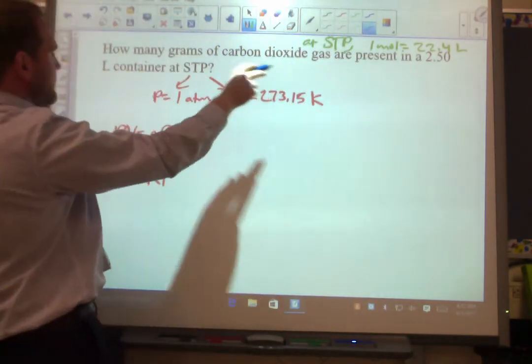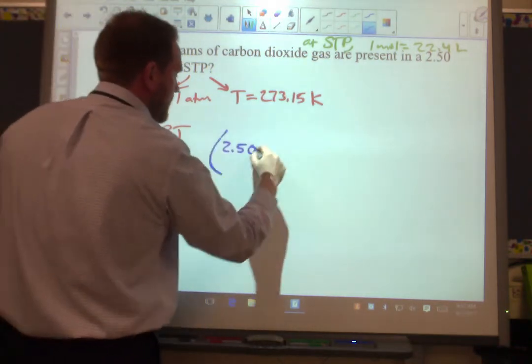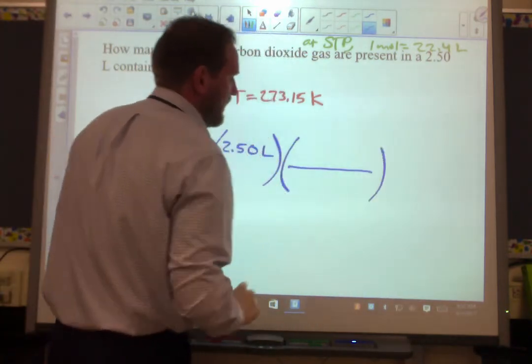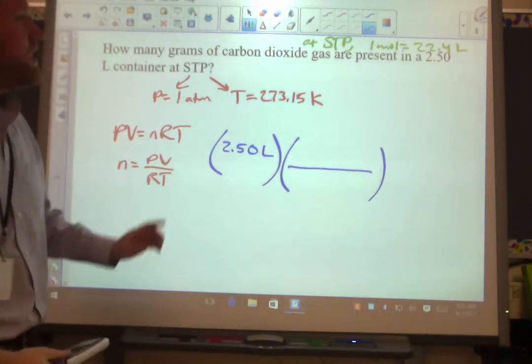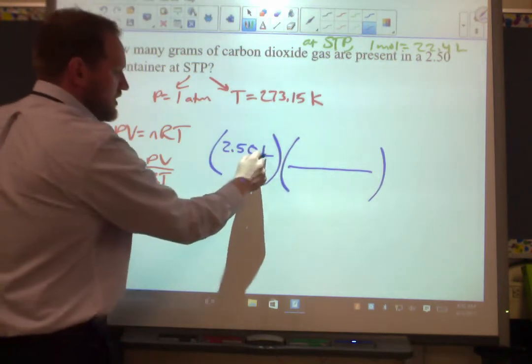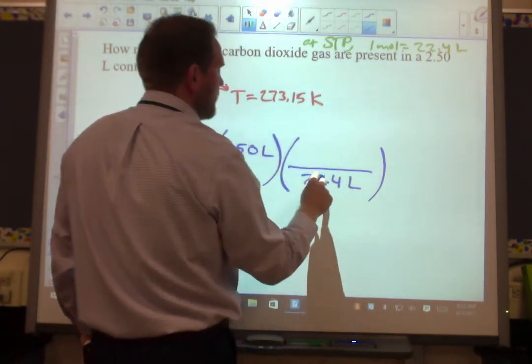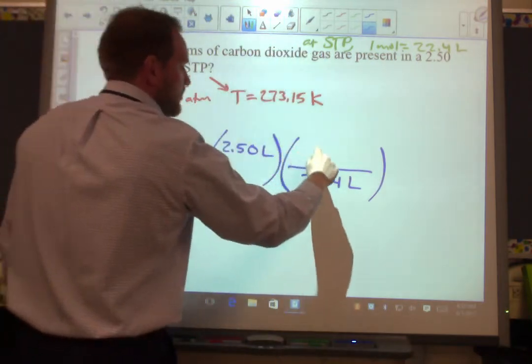So in this problem, it gave me volume. It said 2.50 liters. I can now turn this into a conversion factor to just get this right into moles. So because it's at STP, I have 1 mole and 22.4 liters. So liter needs to cancel liter, so let's put my 22.4 down here. And let's go right into moles.